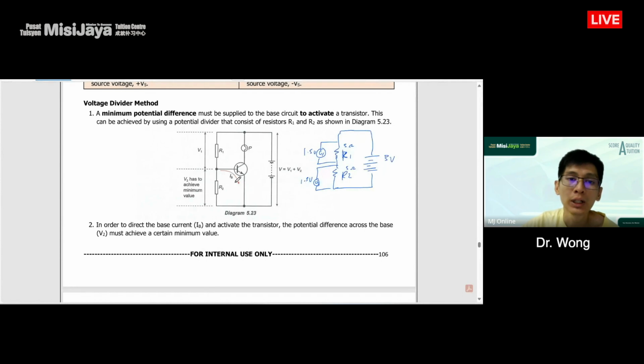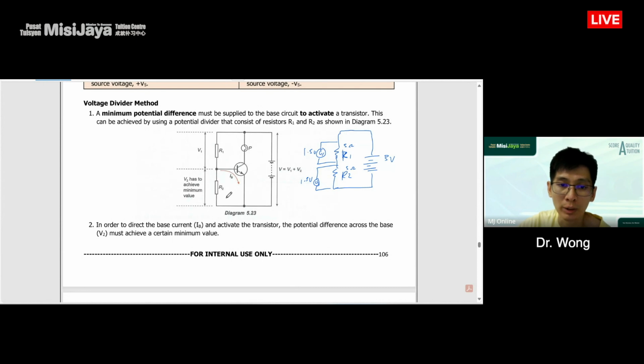As explained here, a minimum potential difference must be applied to the base circuit to activate the transistor. In order to direct the base current IB and activate this transistor, the potential difference across the base, V2, must achieve a minimum value.